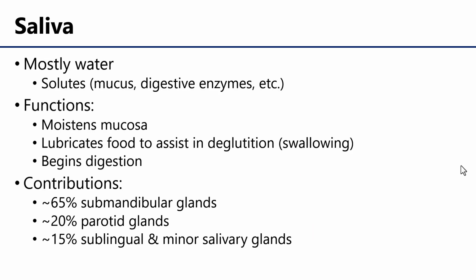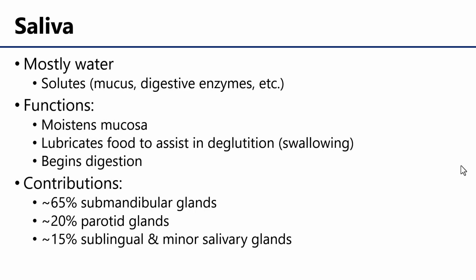So saliva is an aqueous solution that contains various solutes such as mucus, digestive enzymes, ions, electrolytes, etc. It functions to moisten mucosa, in particular the oral mucosa, where the greatest concentration of salivary glands secrete.